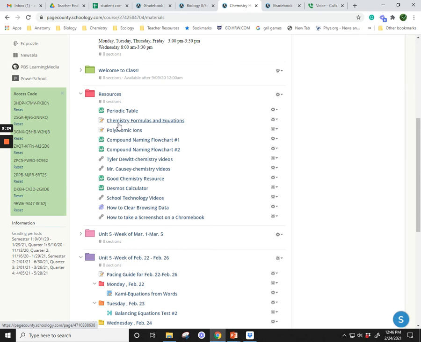I need to do this. So I'm going to include in resources, besides this chemistry formulas and equations, this mole map, and I'll point this out to you the next time. I did it on my home computer and forgot to add it here, but it's a really handy thing. Let me just find some for you, and I'll show you what I'm talking about.